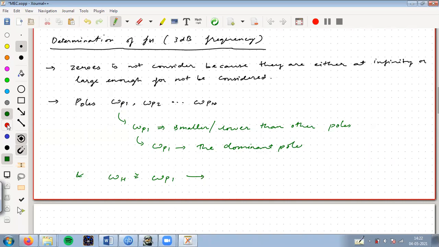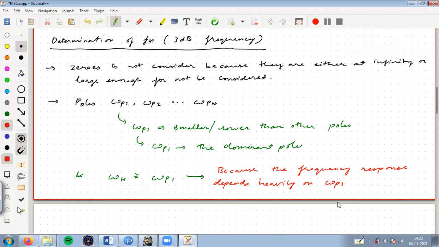This is because the frequency response depends heavily on omega p1. Since it depends heavily on omega p1, we can say that the cutoff frequency is close to omega p1. It's not exactly omega p1, but it will be close to omega p1.